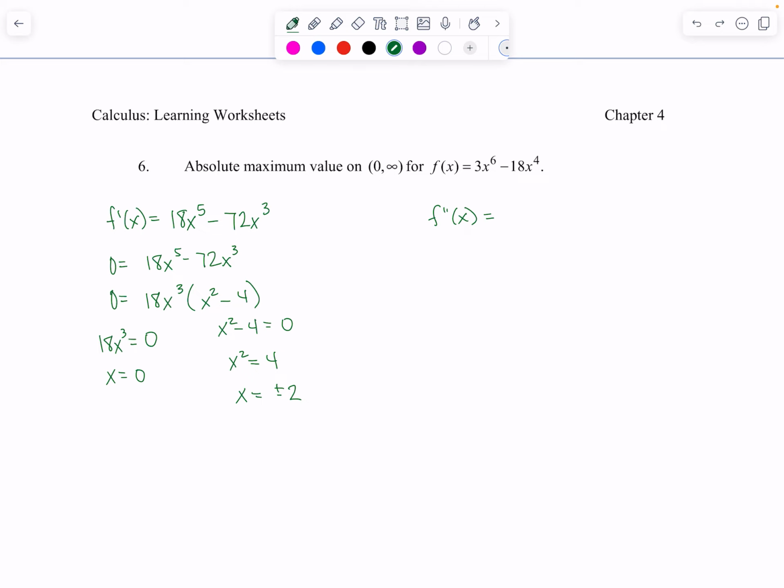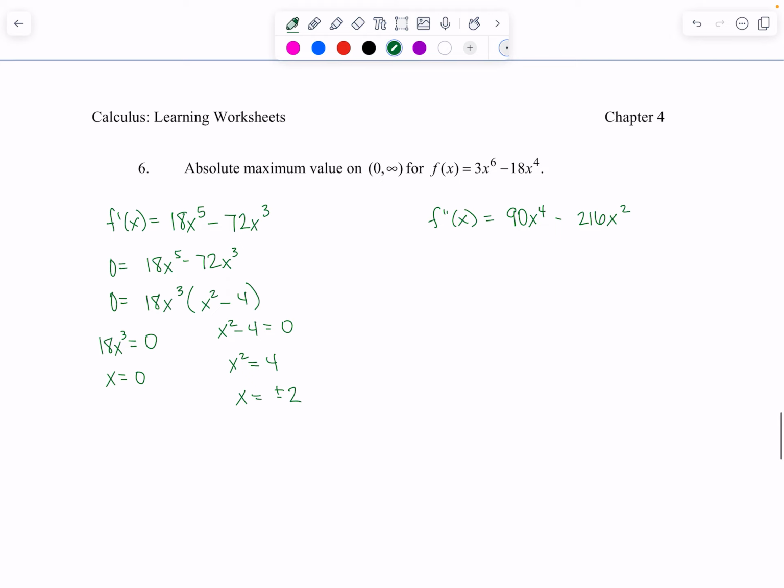Hooray! Okay, so our second derivative of 18x to the fifth, 90x to the fourth, derivative of 72x cubed, 216x squared. Let's check the value of positive 2. 90 times 2 to the fourth minus 216 times 2 squared.